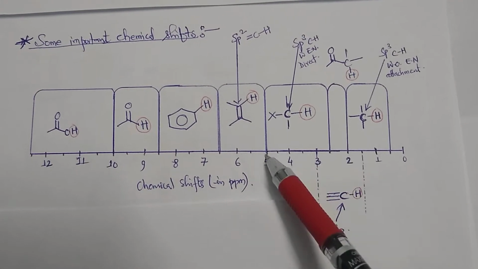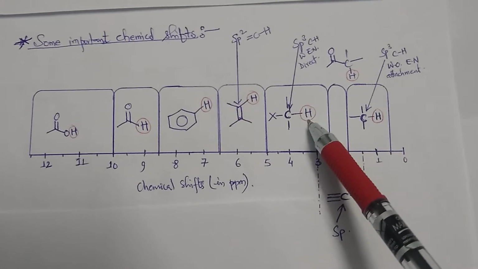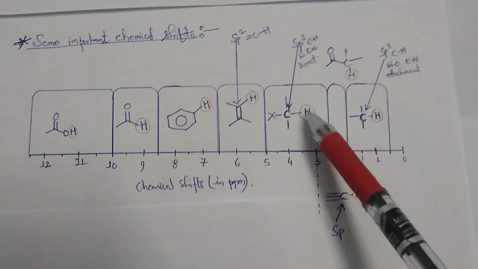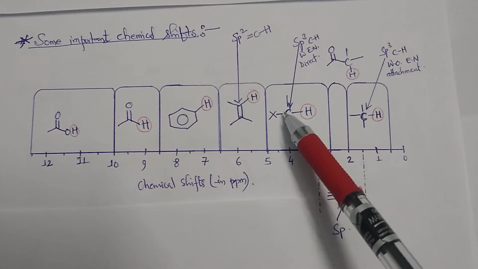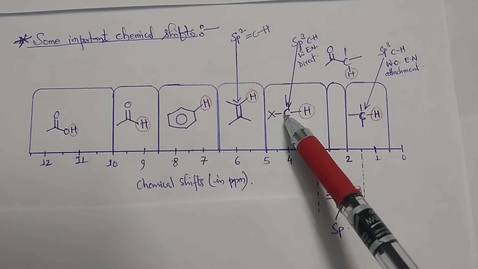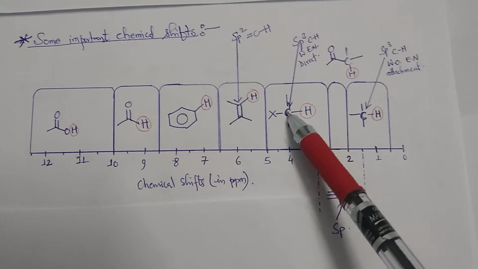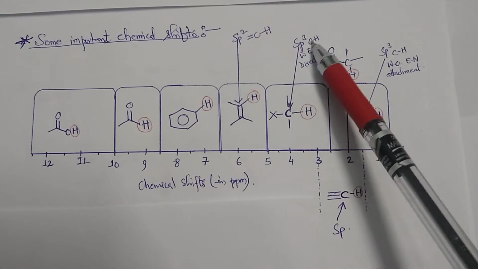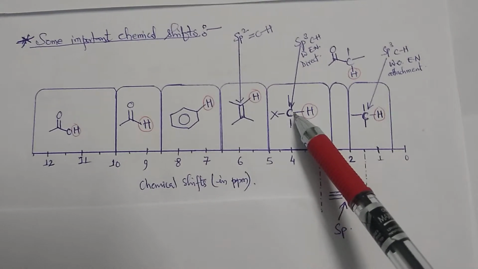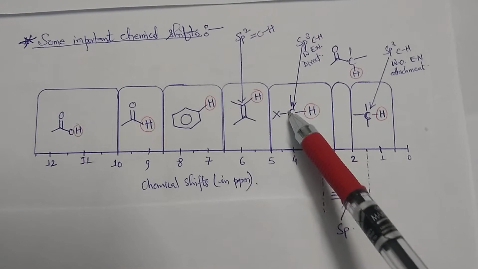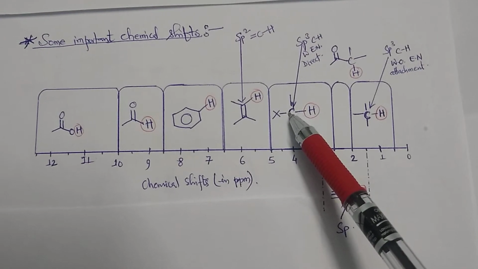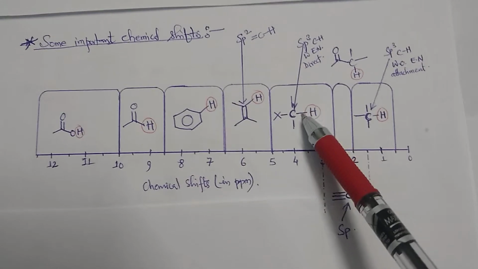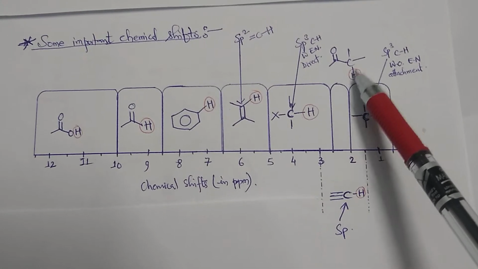From 2.5 to 5, it is this proton which will have attachment with the carbon directly attached to the electronegative group, and this carbon is sp3 hybridized. Here this carbon is sp3 hybridized. So due to direct attachment of the electronegative group, this proton will get more and more deshielded than that of this proton.